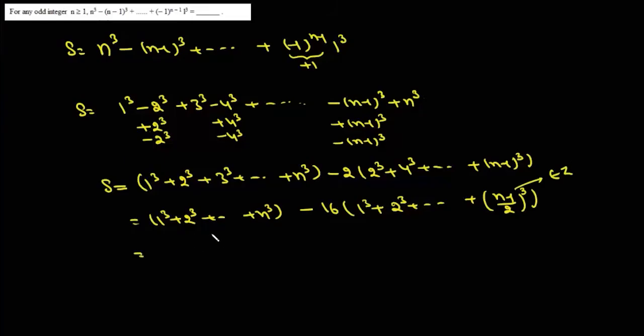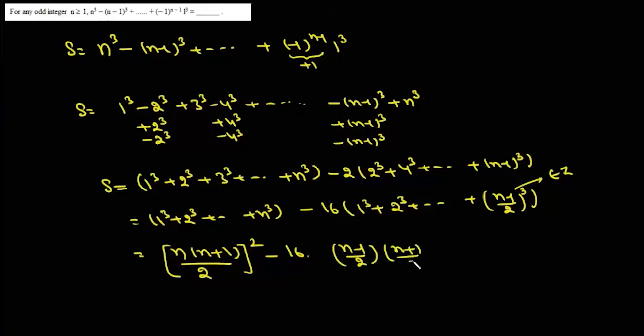Now 1 cube, 2 cube up to n cube will be n plus 1 by 2 whole square, and this is minus 16 into 1 cube, 2 cube up to n minus 1 by 2 whole cube, so there will be n into n plus 1 by 2 whole square. Now 2 square is 4, so 4, 4, 16.